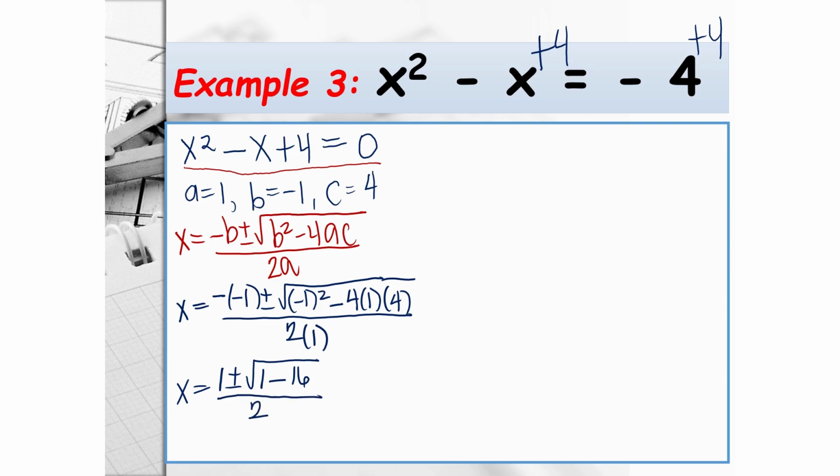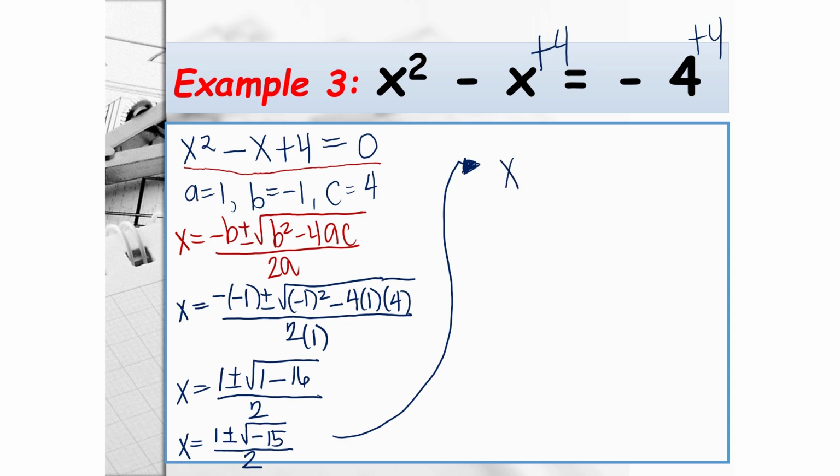So, x is equal to 1 plus minus square root of 1 minus 16 is negative 15 divided by 2. Okay, and then kapag naka-encounter tayo ng square root of negative numbers, that is imaginary. Okay?